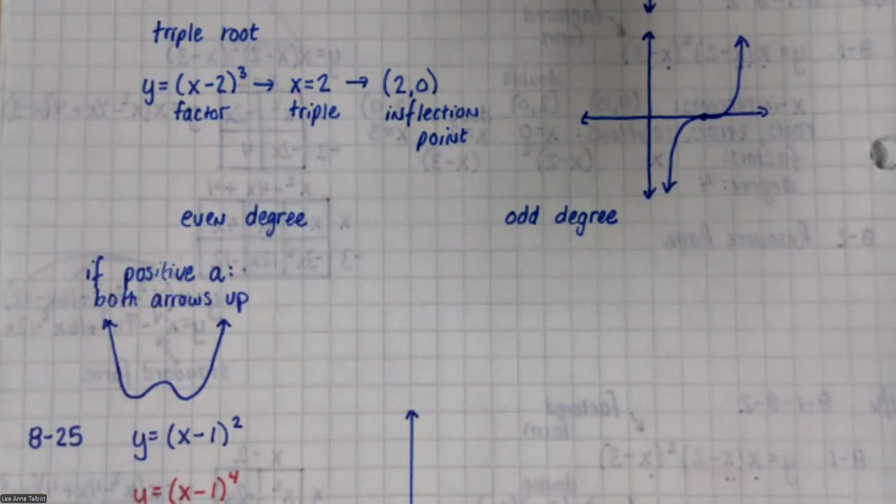Okay, we're going to draw four little pictures here. Two for even degree, two for odd degree. If you have a positive a value, you guys all know parabolas open up when you have a positive a value. Same thing for polynomials, they open up. So both arms up if you have a positive a.